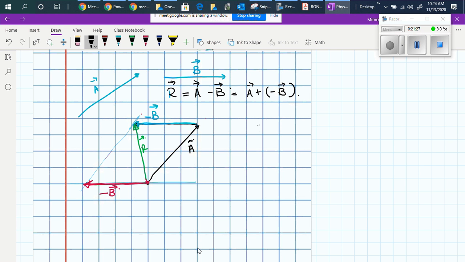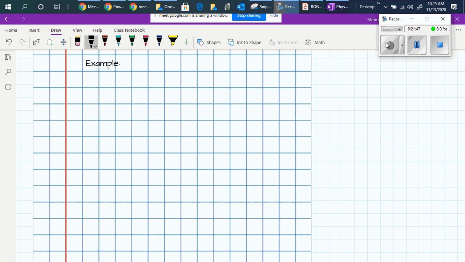The parallelogram method is about the same difficulty as the closed polygon method when we have two, but with more than two vectors, the closed polygon method is the way to go. Does this make sense? Let's do one or two examples.